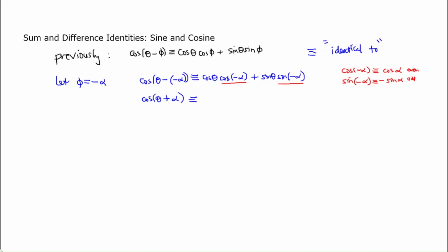What we can do now is simply write cosine theta, cosine alpha. Now the negative on the sine of negative alpha, we can just bring that outside. So this becomes minus sine theta, sine alpha. And this is what we can call the cosine sum identity.